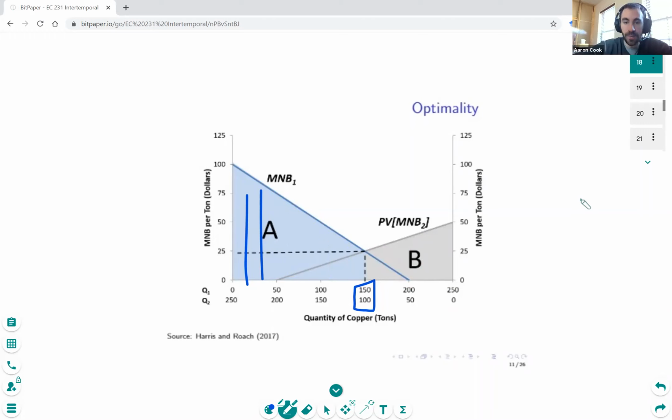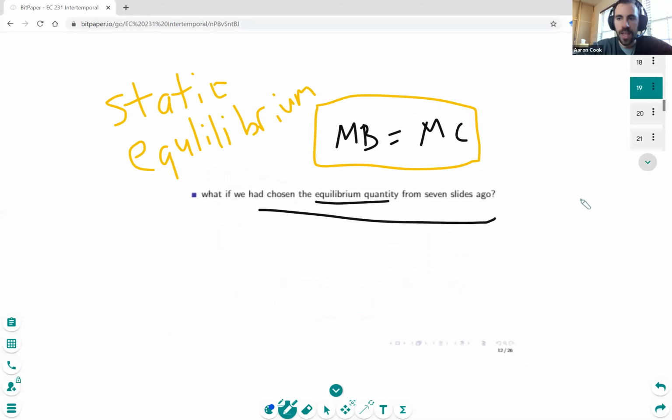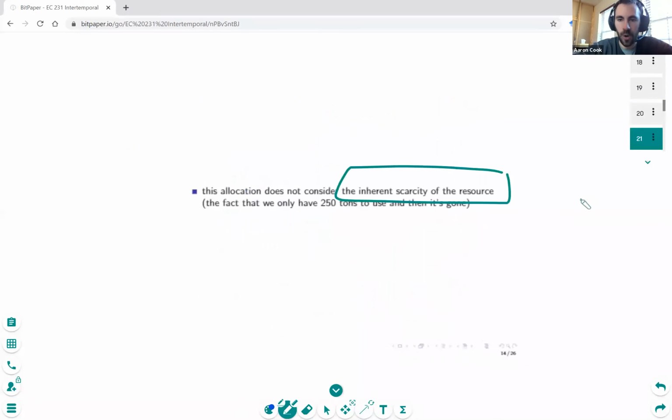And it happens to be the allocation at which producers will be optimally trading off the scarcity rents of the resource versus what they could earn in some alternative investment, given that the interest rate was 7.25% per year. And that's the core of Hotelling's rule.